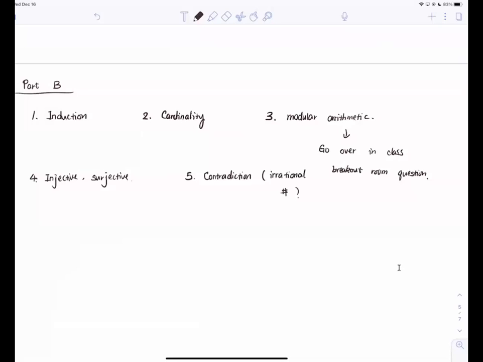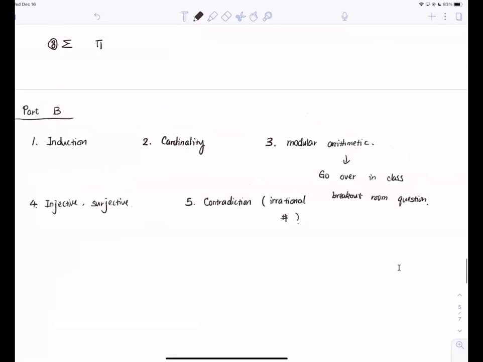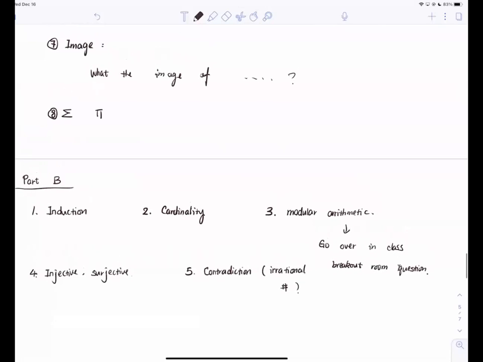Failed. Okay, so I'm struggling. I would say this could be here too. So which of the following is rational or irrational? Or could be here.